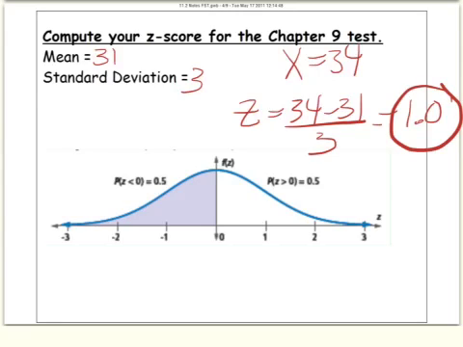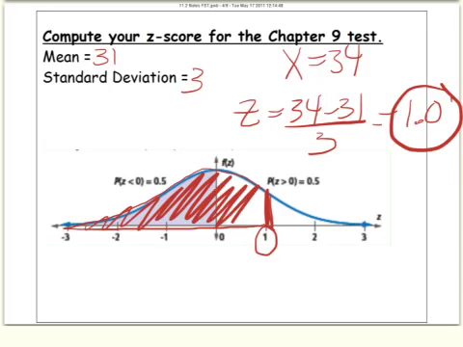Okay. Now where that shows up on a standard normal curve is, look for 1.0. It's right there. So I would plot this line and say if I go to the z-score table, it will tell me the area under the curve from 1.0 all the way back to the end, really to negative infinity. That's the percent of people that did worse than me on the test.